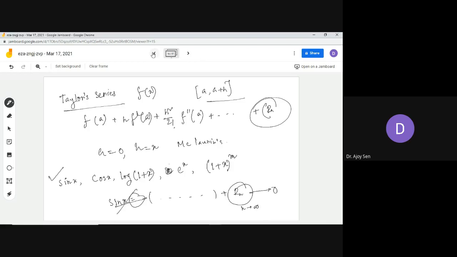The criteria is the remainder term. The remainder term should go towards 0. Without this, and obviously that series should be convergent. Just convergence will not assure the function is equal to the Taylor series. That is the point I am emphasizing today again and again.